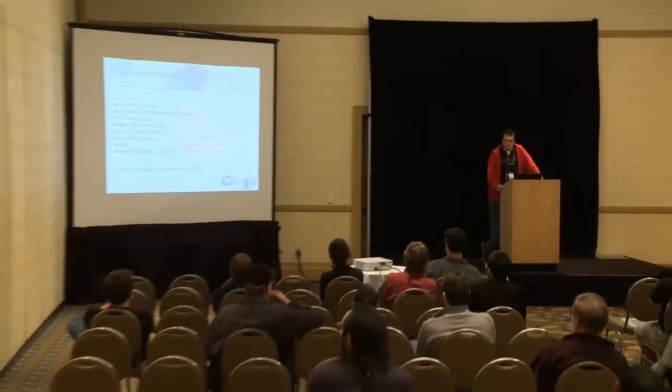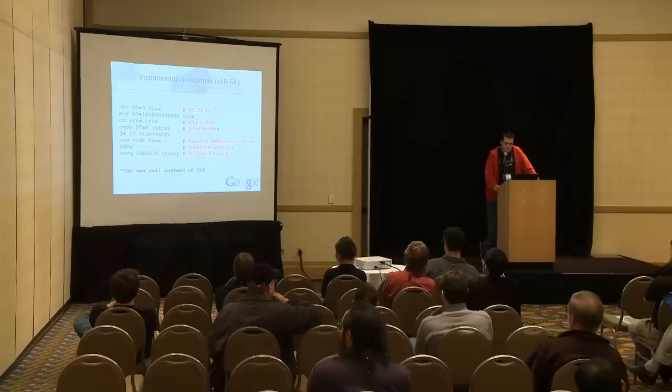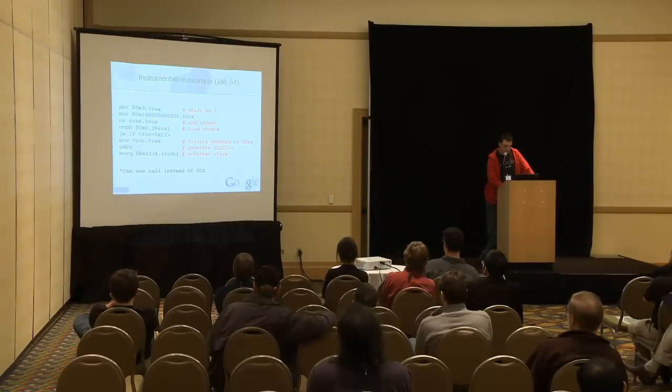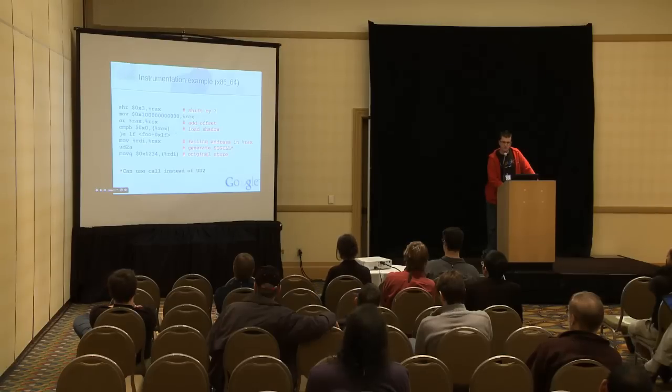This slide shows an example of x86-64 code generated by LLVM for a very simple function. The original function had just one store instruction, and the instrumented code takes a register, shifts it by 3, adds the magic constant using 2 instructions because the constant is too big. Then it compares the result of the load from the shadow memory with 0.